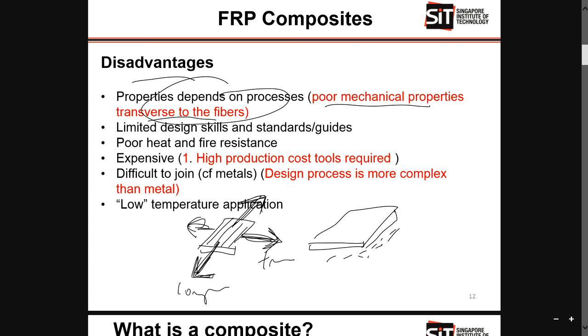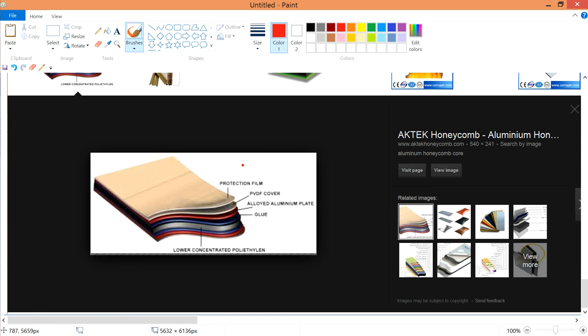Well, the rest of the disadvantages, I think you can read up on your own. But for poor heat and fire resistance, it's not good for high temperature applications. And therefore the next question is, why do aircraft still use composites, since they have poor heat and fire resistance? The answer, I believe, is that they add a fire protection film on top of whatever protection you are talking about.